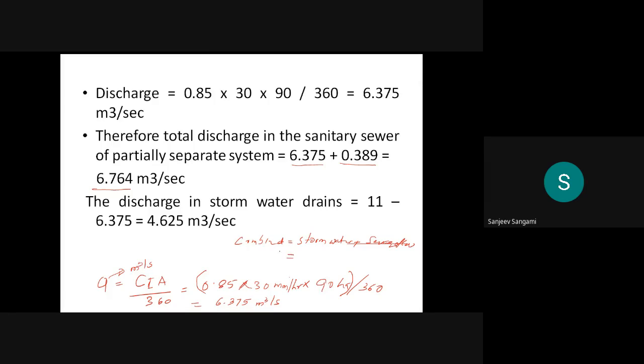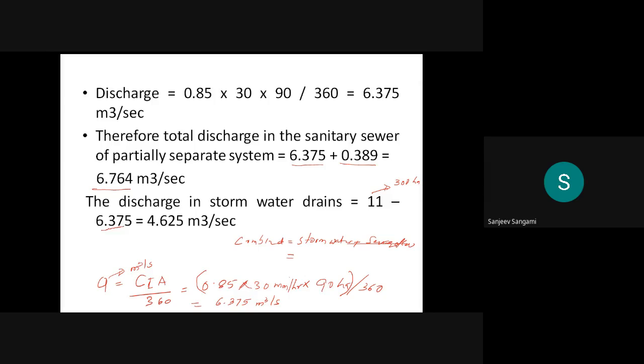In this case, you can see the discharge and storm water we already calculated from all 300 hectares. If you see this value, it is coming from the total 300 hectares. But this one is partially including your sewage.